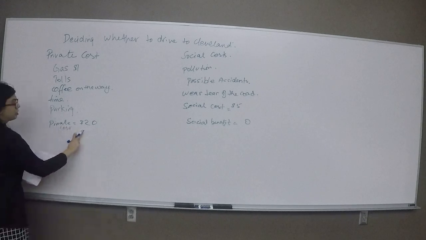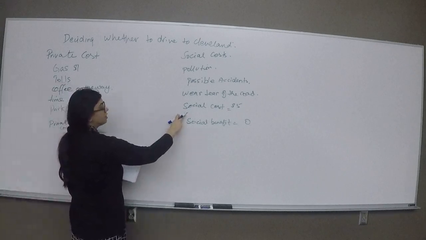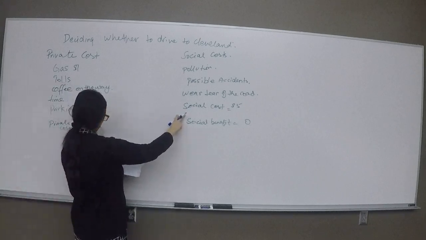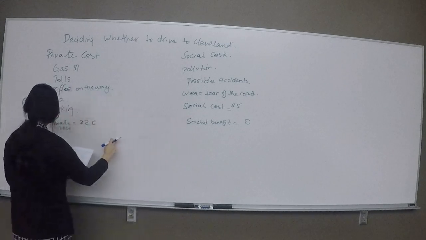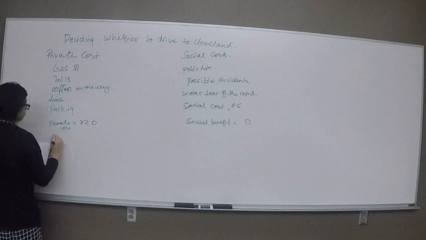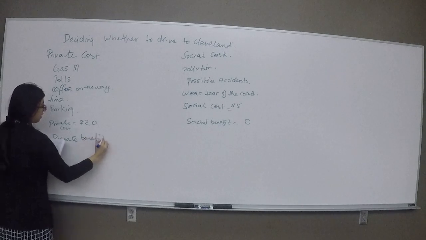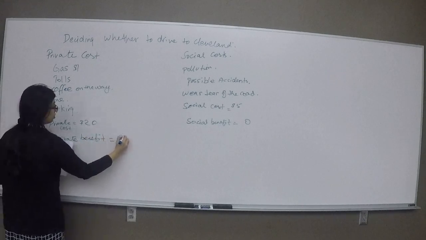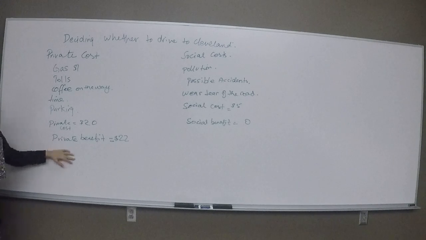Private cost is 20. Social cost is 5. Social benefit is 0. Private benefit is $22. So you're getting $22 worth of benefit from your trip.